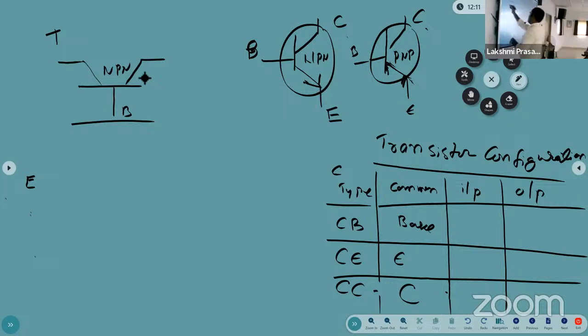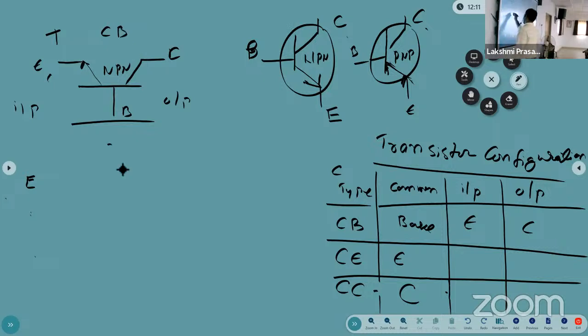This is the input circuit and this one is the output circuit. So which one is the common? Common base. What is the input terminal? The input terminal is emitter, output terminal is collector. Now, this is called the common base configuration.